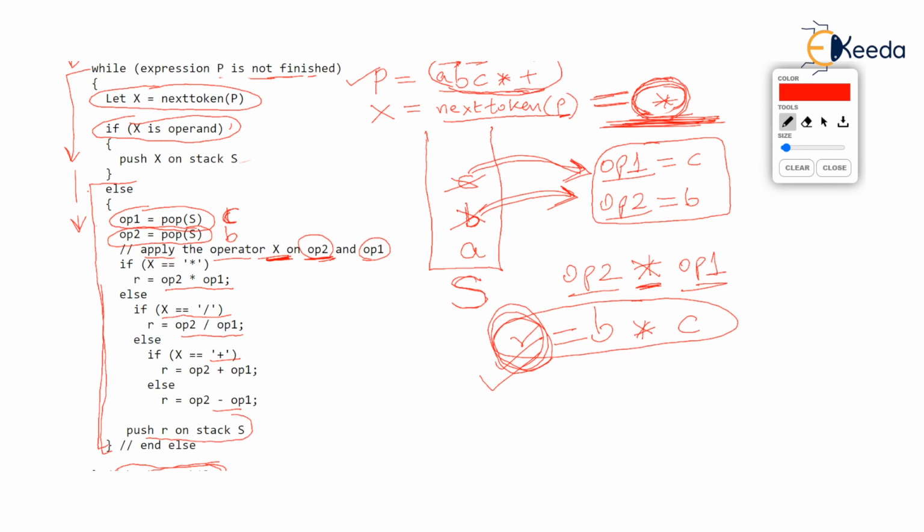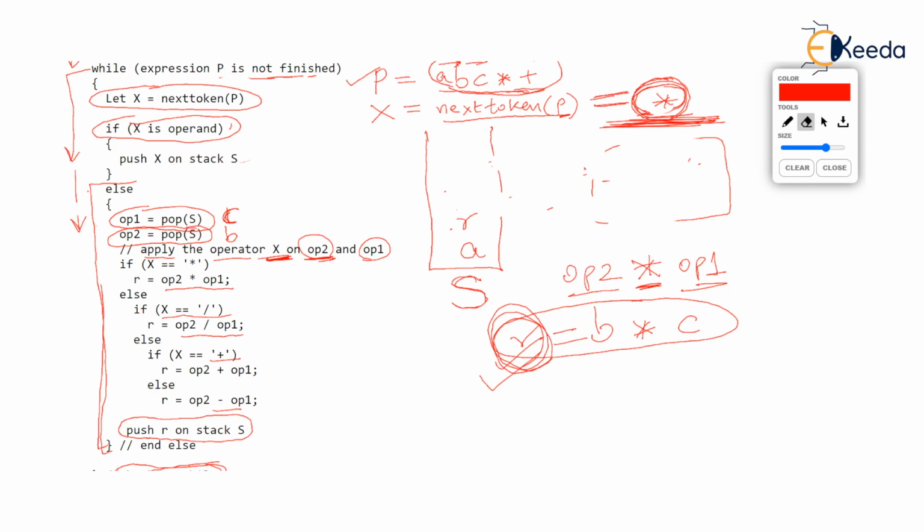We will push R on the stack S. So the result is pushed on the stack. So what do you now see? You don't see C in the stack. You don't see B in the stack. Both were multiplied. R was the result and R was pushed on the stack. Okay, nice. Now what next?